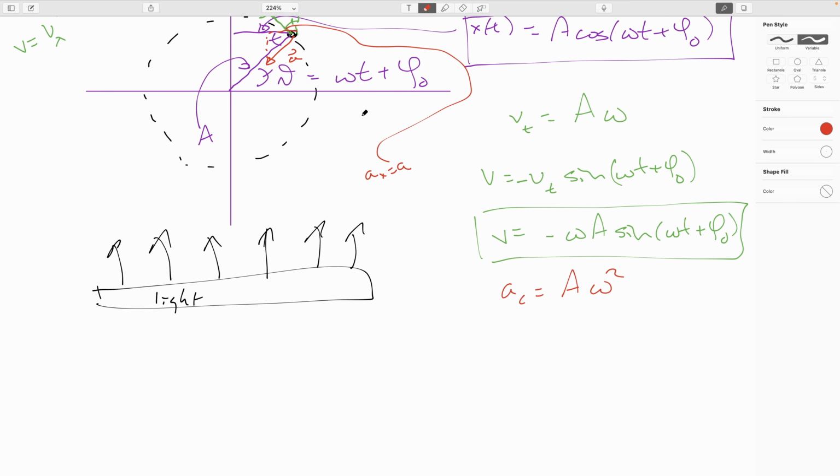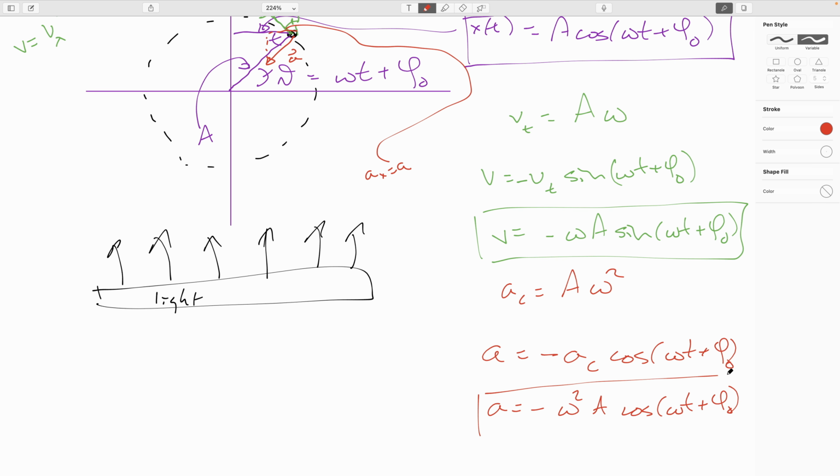Again, we have a minus sign because this is pointing to the left when my position vector is pointing to the right. And we're back to this being an adjacent, so it is a cosine of my angle, omega t plus phi naught. So this will be a equals minus omega squared A cosine omega t plus phi naught.